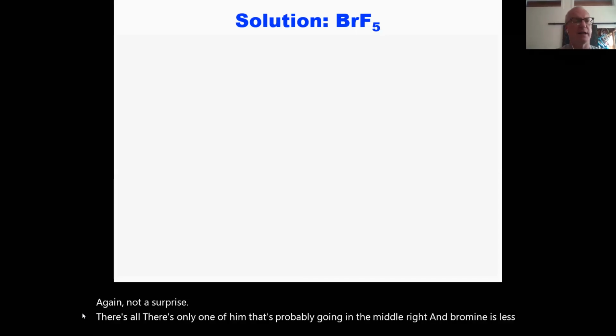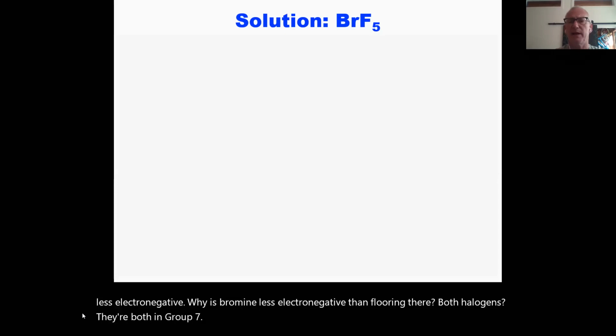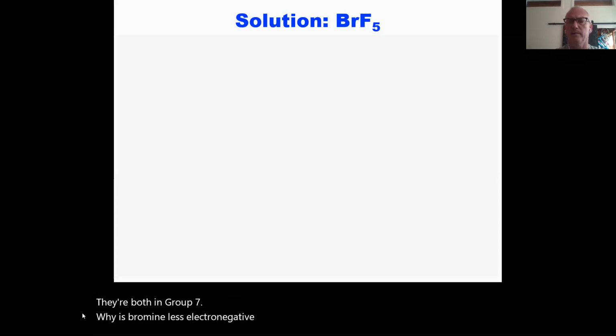Why is bromine less electronegative than fluorine? They're both halogens, they're both in group 7. It has a higher mass. You're onto something. What else? As you go down the group, electronegativity decreases. How come?